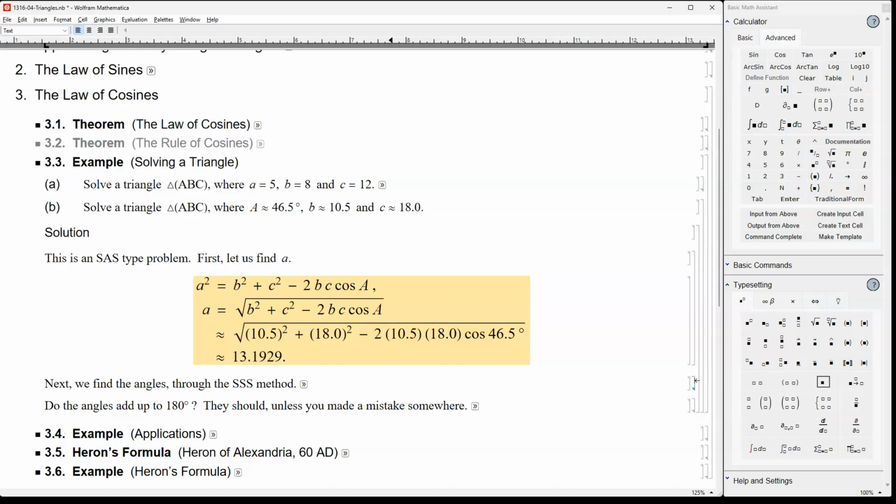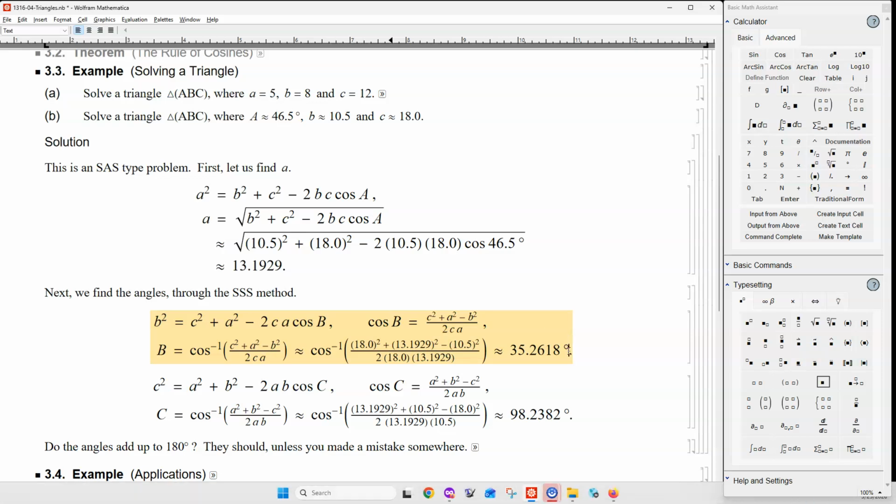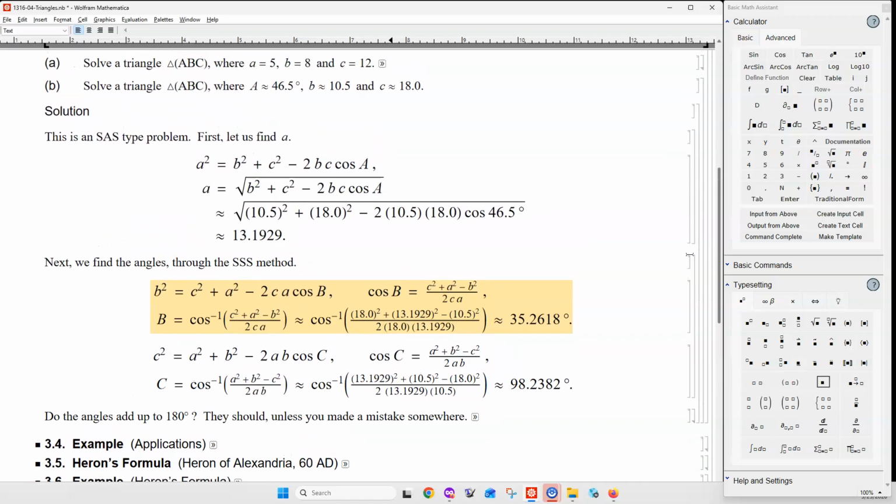So using the SSS method, we can find angle B by inverse cosine of this, put those numbers in, we get about 35.26 degrees, approximately speaking. And then angle C, again, put the numbers in and do your computation. Same as part A of the problem, the SSS problem.